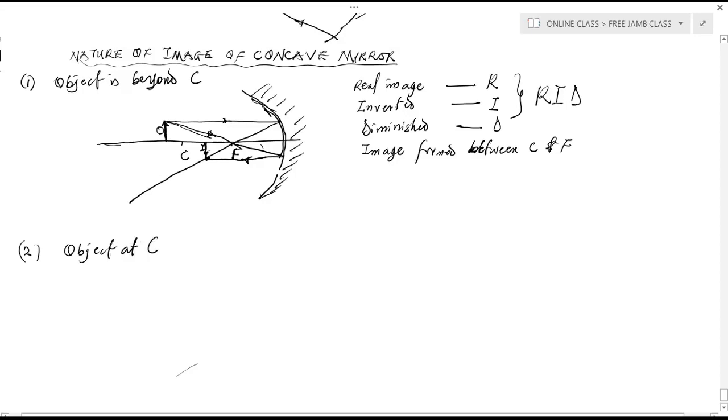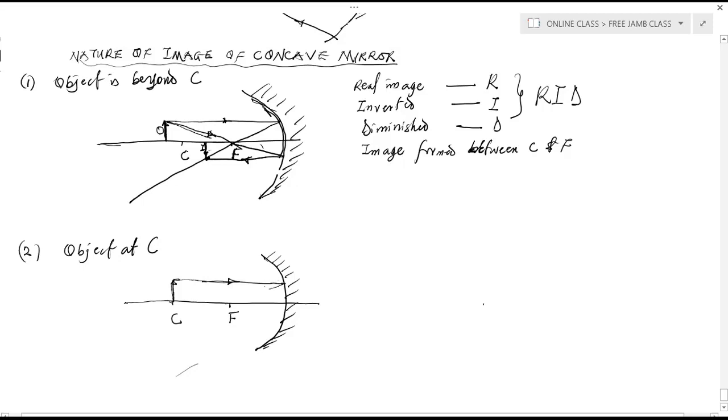When object is at C, what happens there? So we'll see it now. If object is placed at C, you first draw your parallel line to the principal axis.